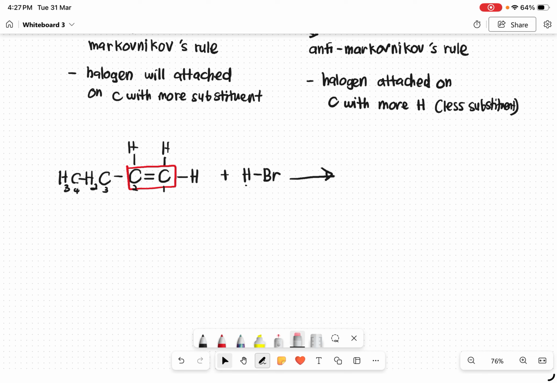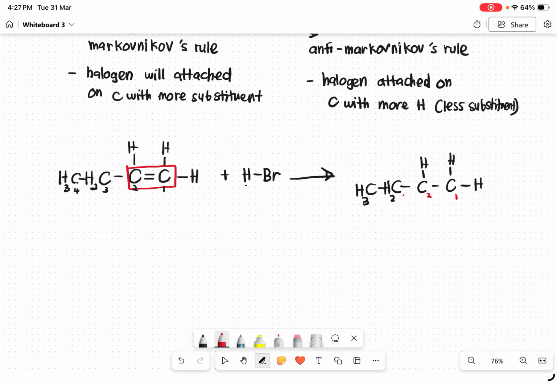So what you need to do is rewrite the alkene without the double bond. We draw the structure: 1, 2, 3, 4, so here we have CH2, CH3. At carbon number 1 and carbon number 2, we label it first so that you know.